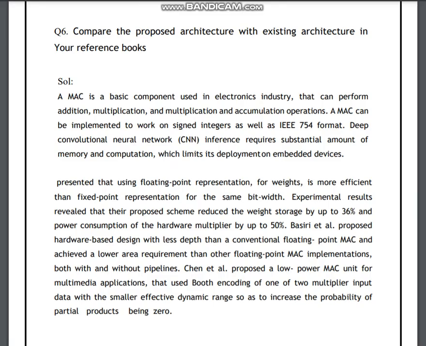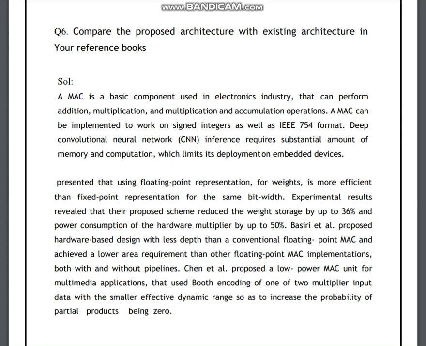Now let us see the existing architectures and the architecture that I have proposed. As you see, using floating point representation for weights is more efficient, as you have the variable term and it doesn't have to be in a fixed range, and the experimental results show that weight storage is reduced by 36%, and the power consumption of the hardware is reduced by 50%.